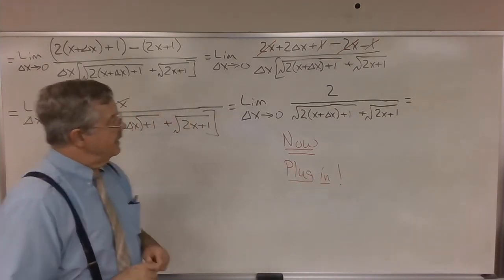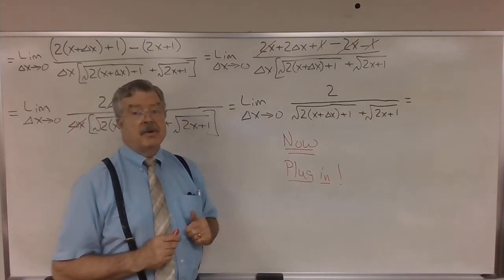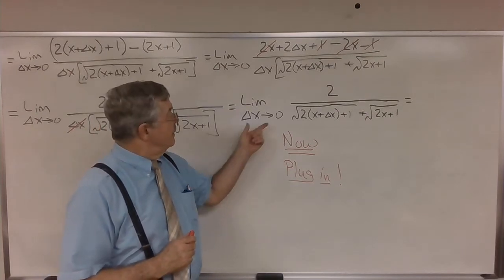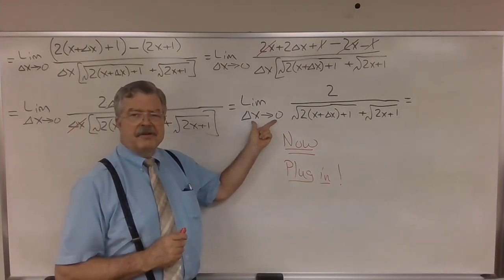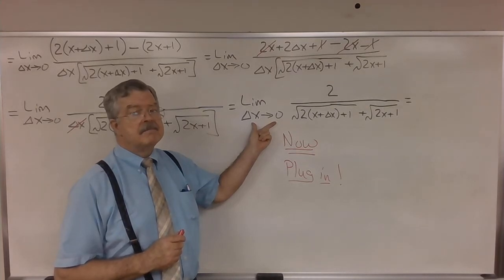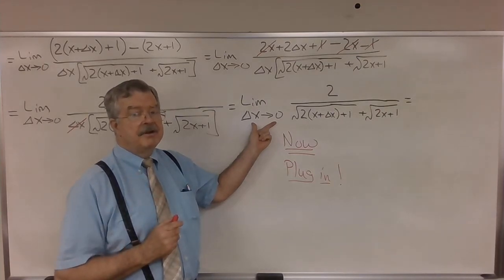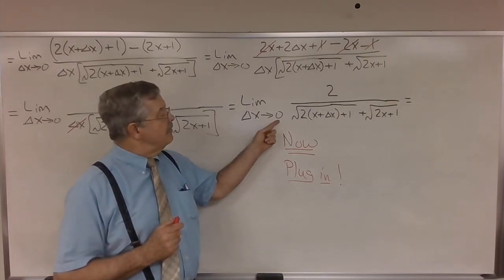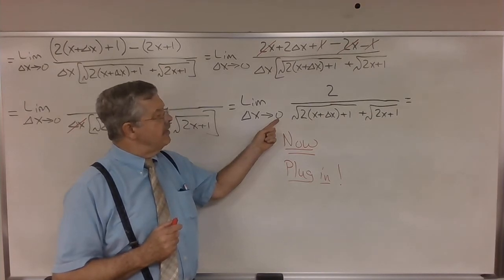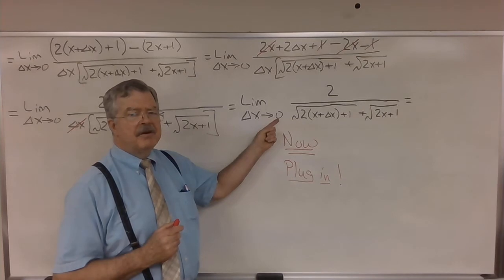The question is, what do I plug in and where do I plug it in? What is it that's approaching 0? Is it x that's approaching 0? It's delta x, isn't it? Delta x is approaching 0. So we will plug in 0. What will we plug in 0 for?